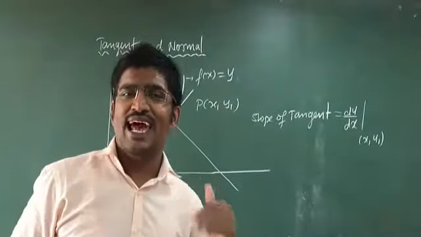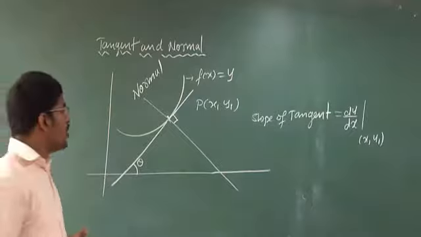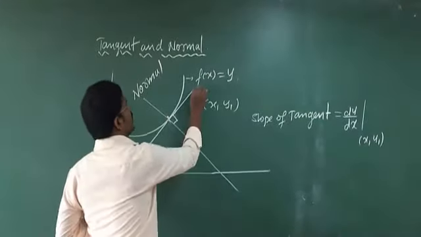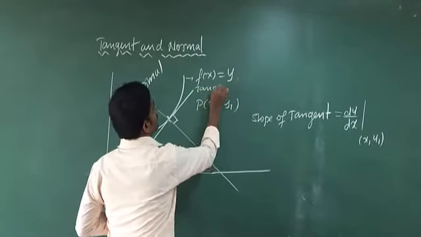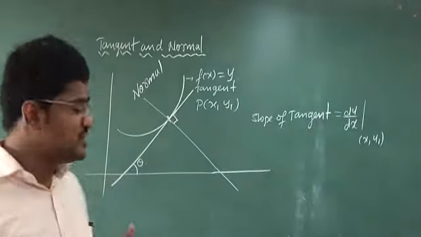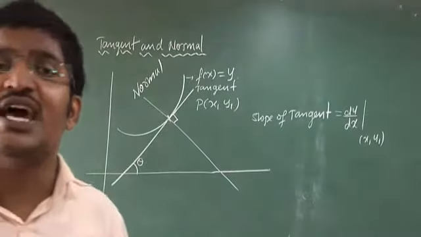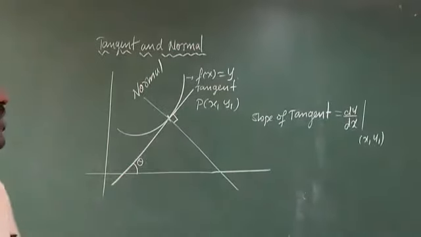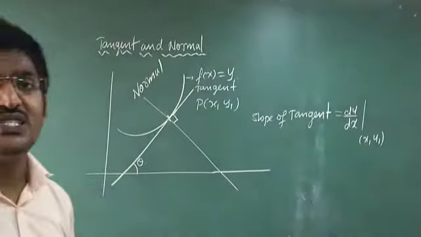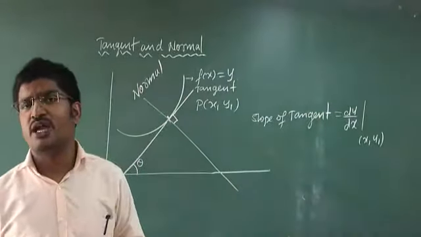And as you all know, this is the tangent. So this is the geometry of the tangent of the curve and the normal drawn to the tangent of the curve. From this we know the slope of the tangent is dy by dx.